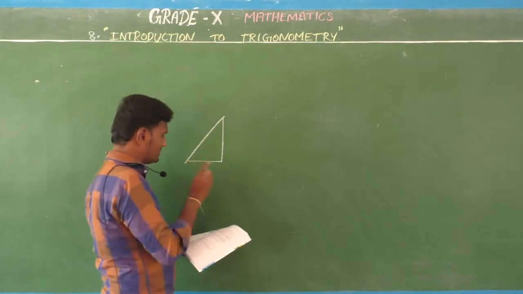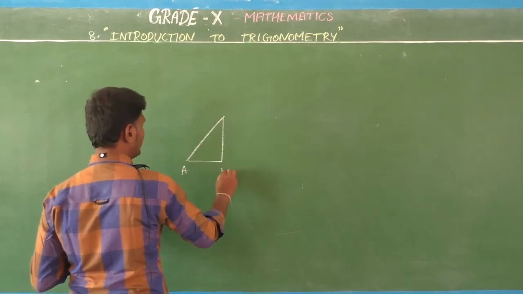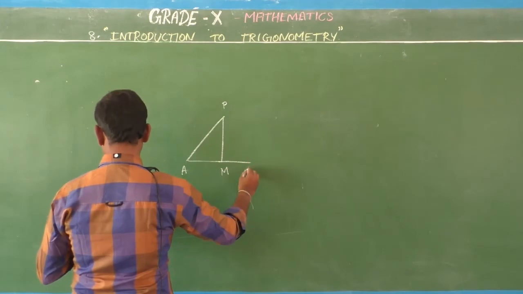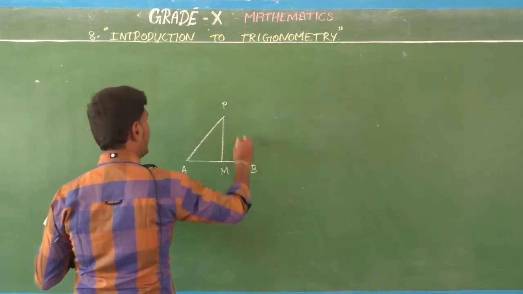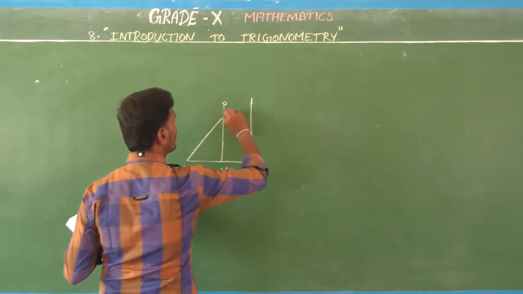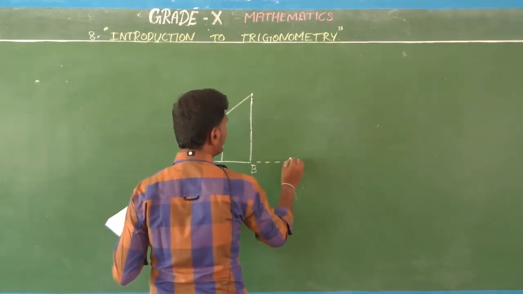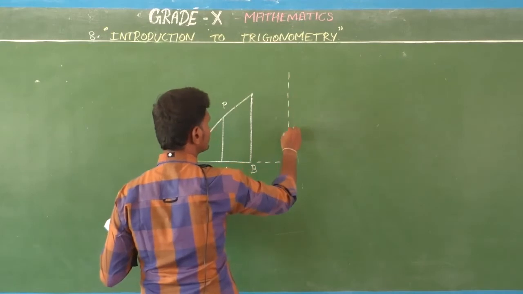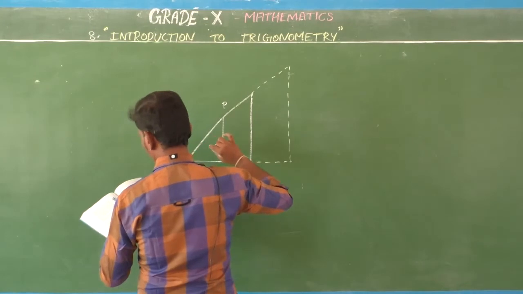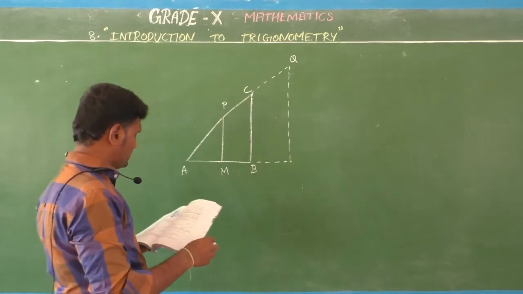I am giving you this triangle: A, M, P, and I am extending that base in some way, that is B, and the perpendicular moves like that. I extend one more point like this. I am giving the names C and Q. So finally you got it.